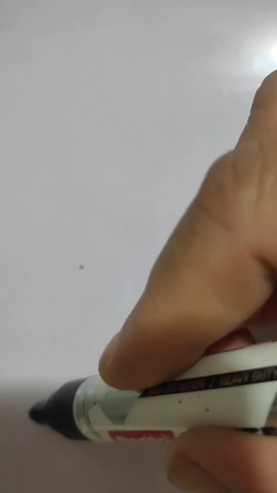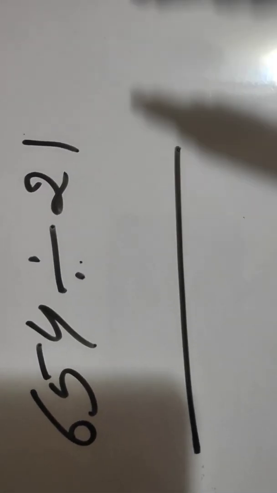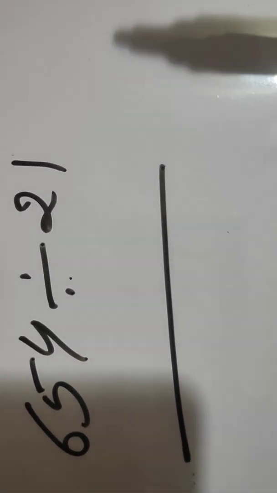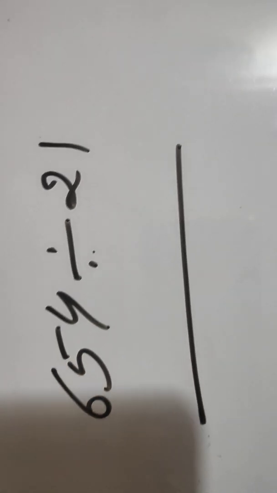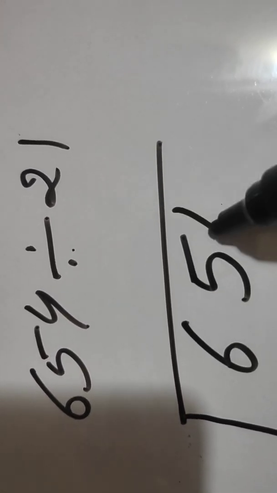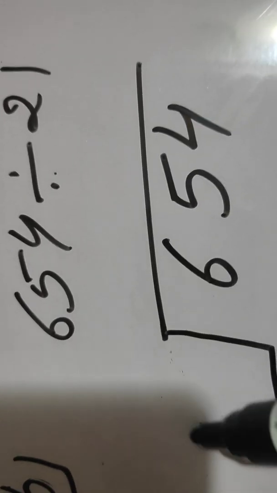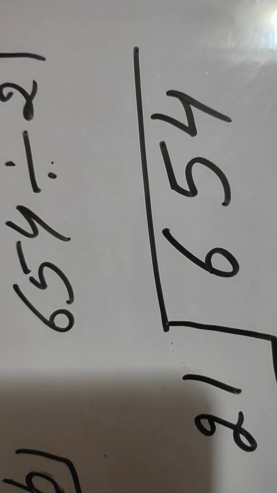See, exercise 5, B part is here. 654 you have to divide by 21 and you don't know the table of 21. You are not able to write the table of 21 in your rough area. Okay, don't worry. Write the dividend inside the division. Write 21 divisor outside.